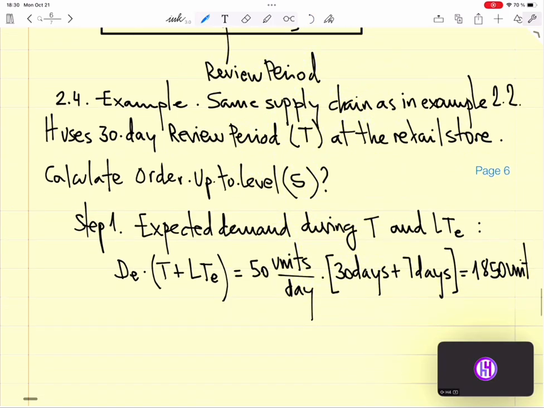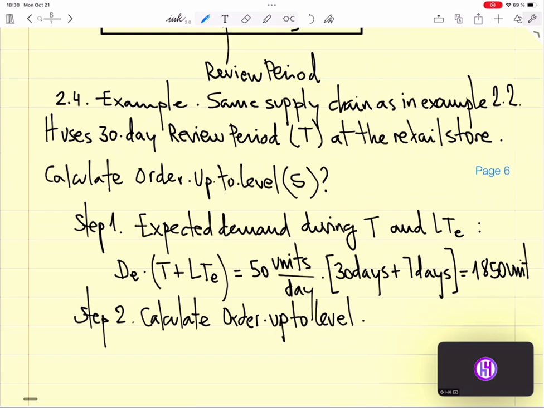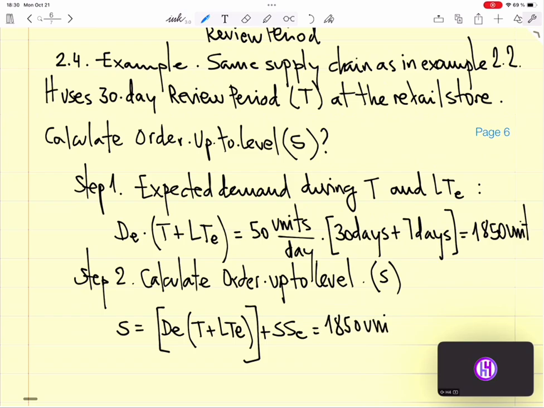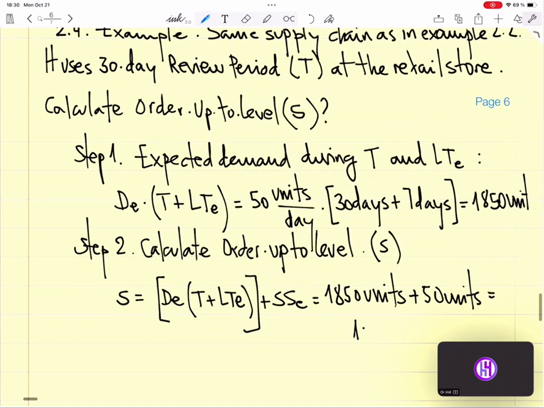Step 2 is to calculate the order-up-to level S by applying the formula, which is the demand in that period plus the safety stock, which means we have 1,850 units plus 50 units equals 1,900 units.